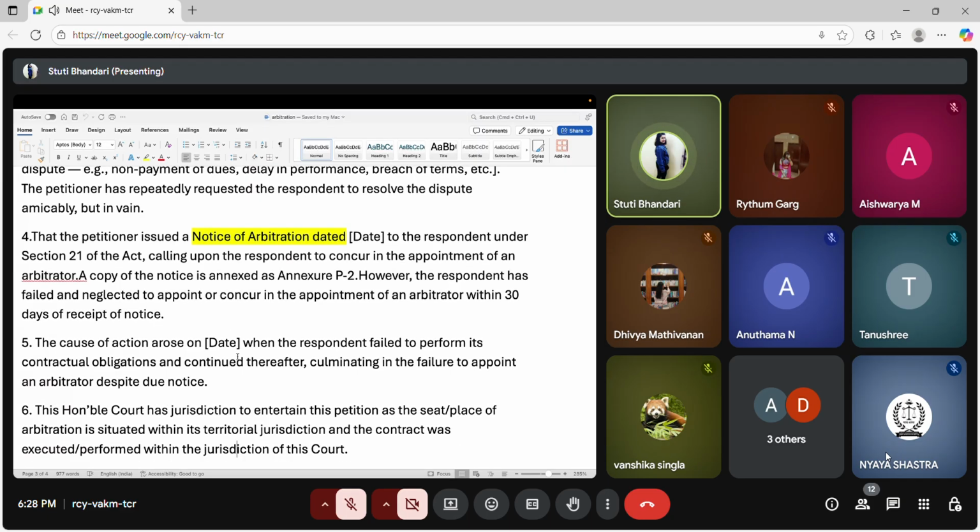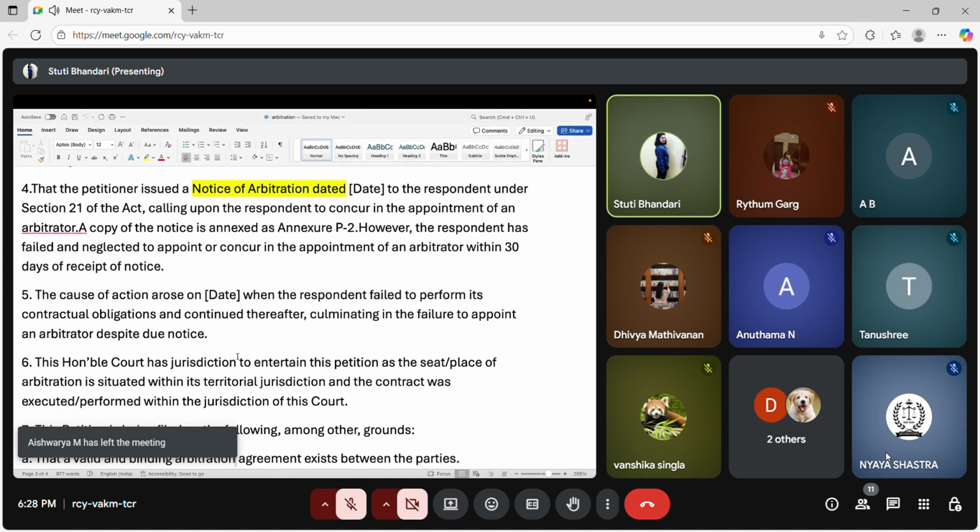This honorable court has jurisdiction to entertain this petition as the seat or place of arbitration is situated within its territorial jurisdiction and the contract was executed within the jurisdiction of this court.